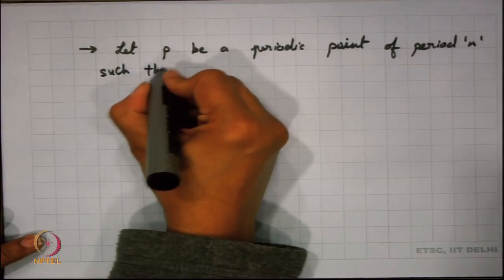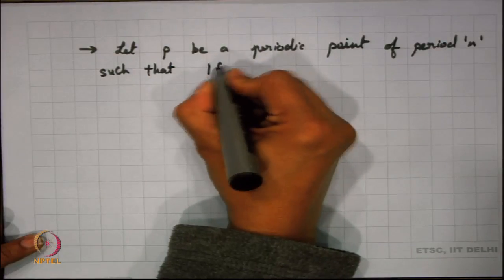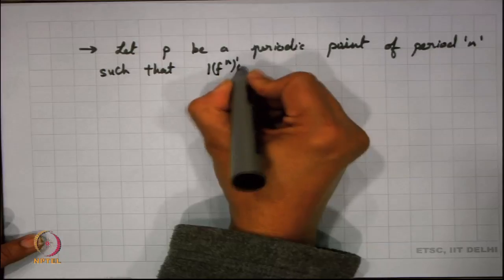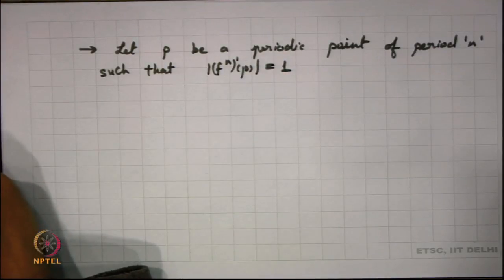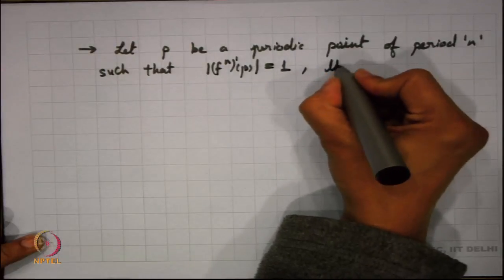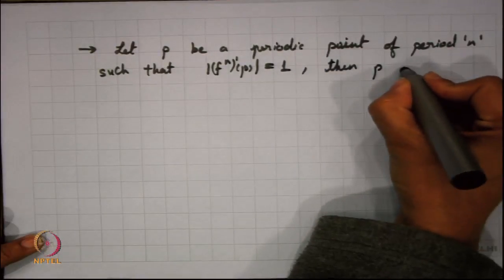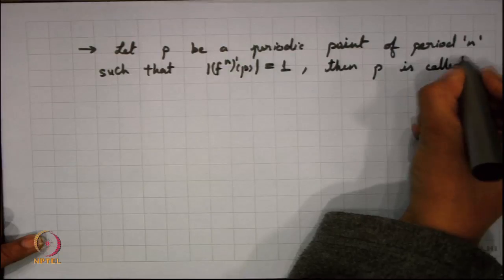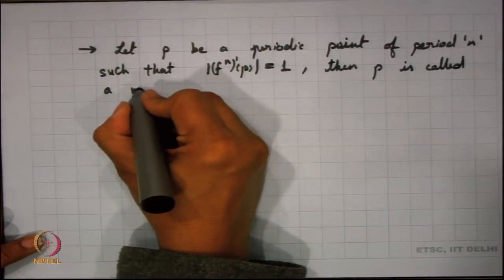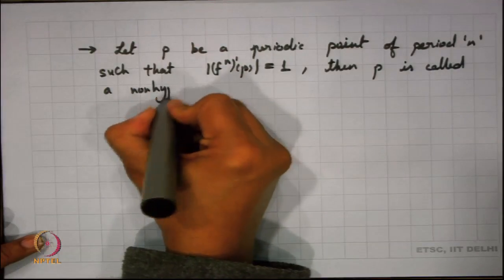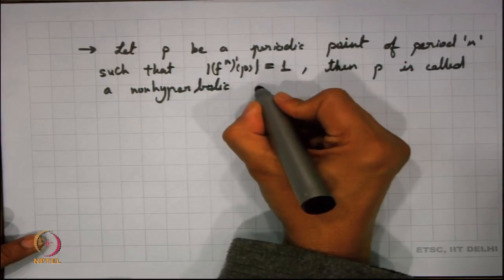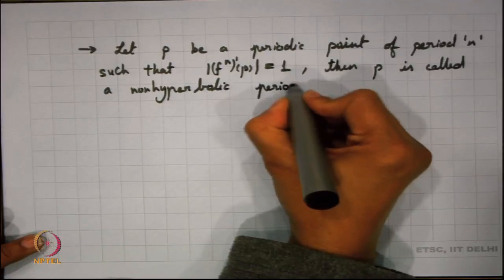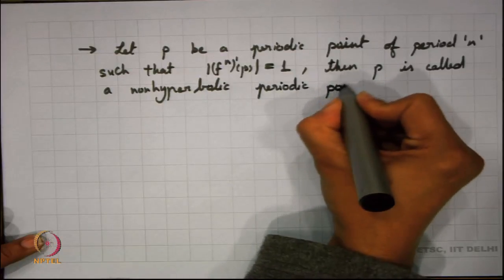such that mod of (F^n)'(p) is equal to 1. Then P is called a non-hyperbolic periodic point.